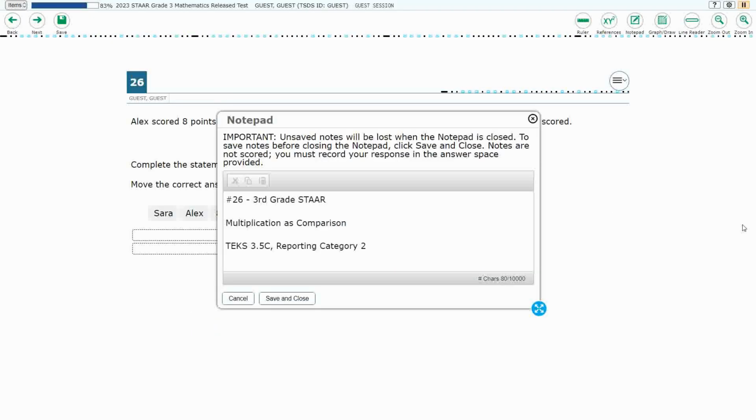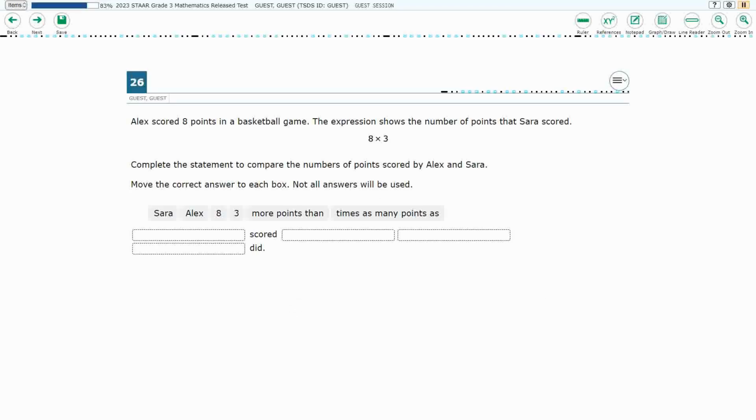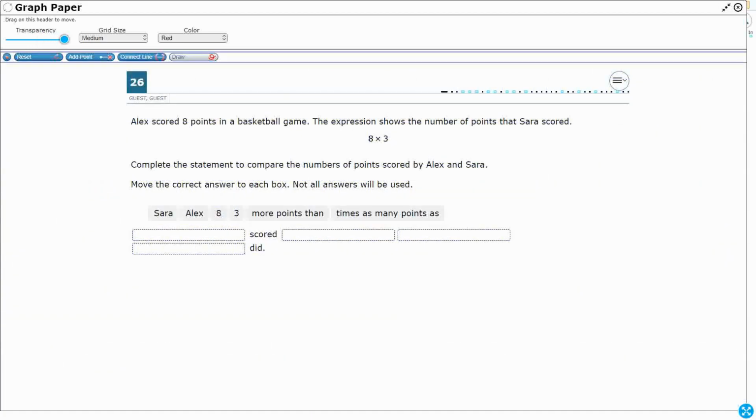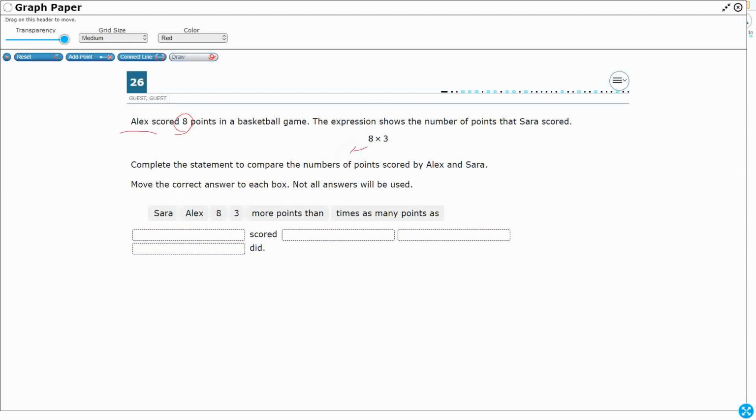For number 26, we are looking at multiplication as comparison. This is TEKS 3.5C in reporting category 2. Now we have a drag and drop here, and there are 4 blanks. So we've got this very simple statement here, 8 times 3. Now, Alex scored 8 points in a game, so this 8 belongs to Alex.